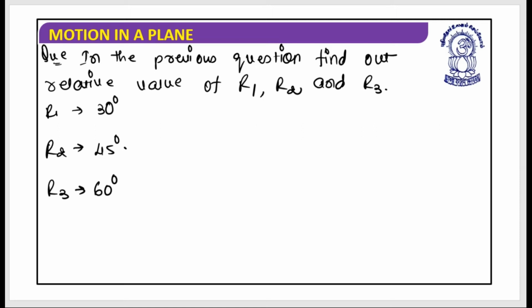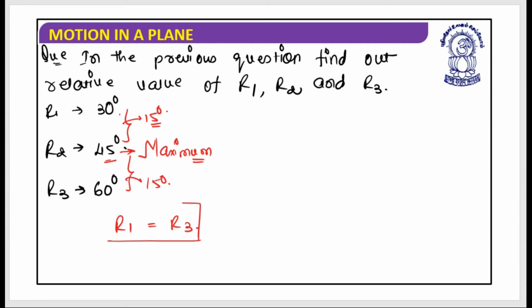If you observe this carefully, this is the maximum value that we know, because it has been thrown with an angle of 45 degrees. Now from the maximum, this has a variation of minus 15 degrees, and this has a variation of plus 15 degrees. So in reality, R1 and R3 would be equal.